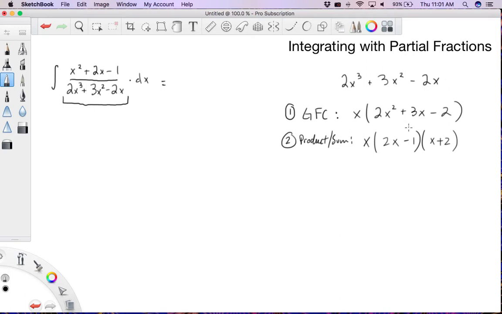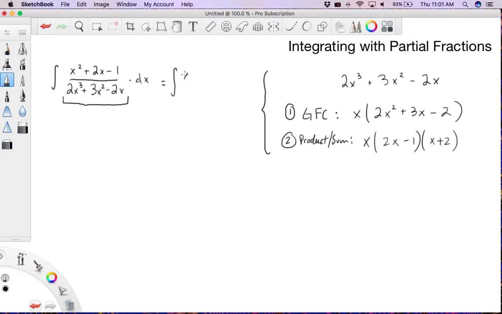Then of course to check that, you could FOIL those two terms together. However, I think I've done it right. So that's broadly the first step here: to factor the denominator of our integral.